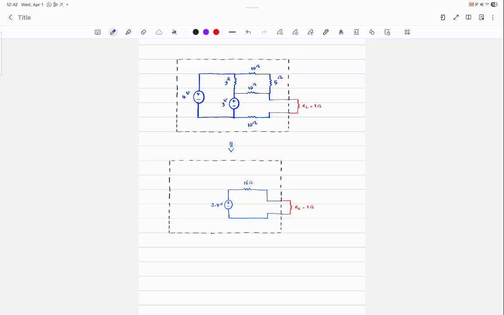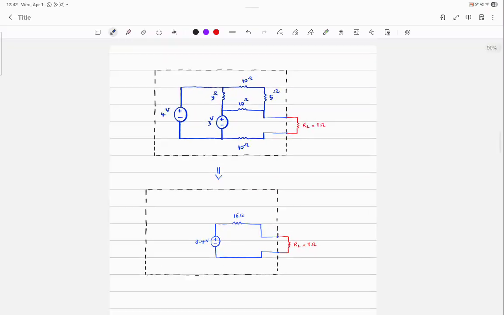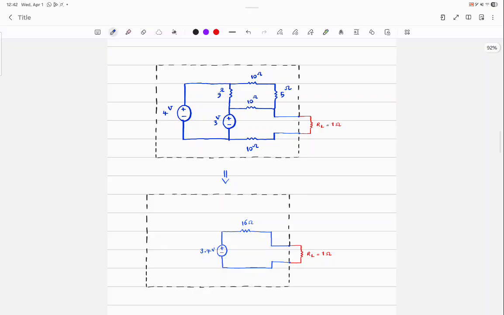I have a 1 ohm resistor connected to a black box and I have multimeter measurements. Which one of these two circuits is inside the black box? One or two?